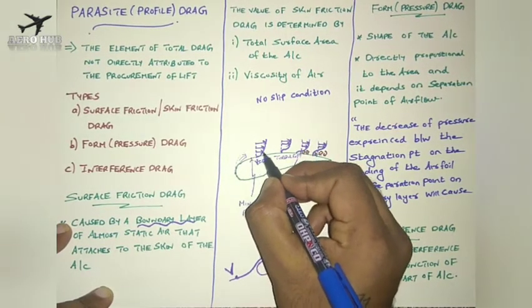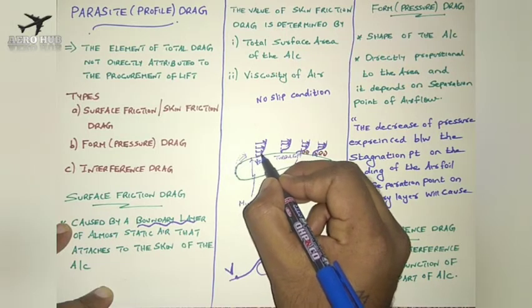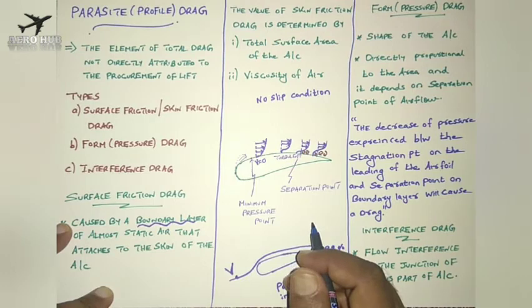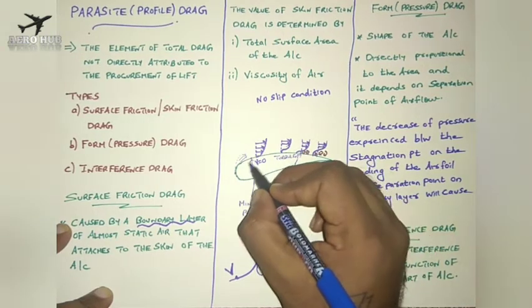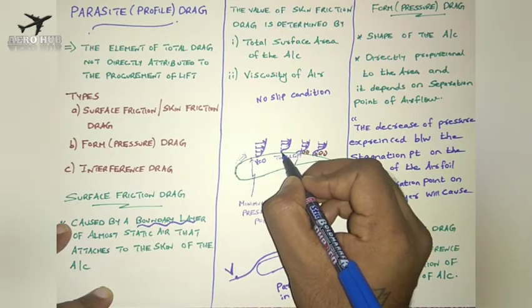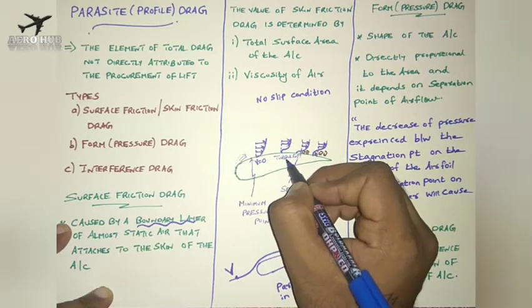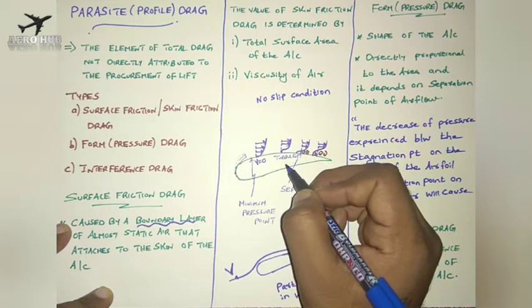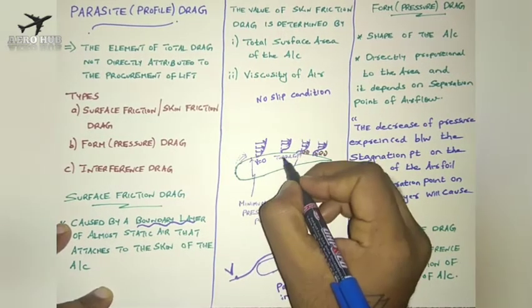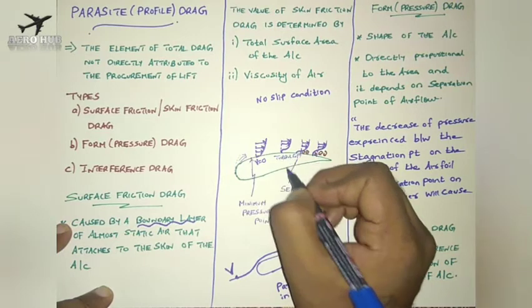As you move from the surface of the airfoil towards the free stream, the velocity will be increasing. This region is the laminar flow. There will be a point on the surface of the airfoil where the laminar flow changes to turbulent flow.